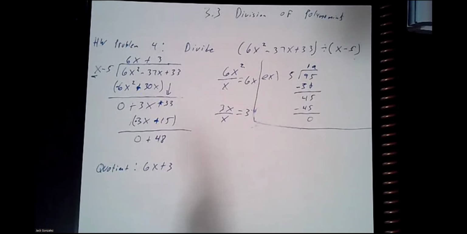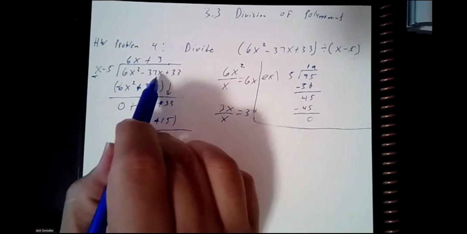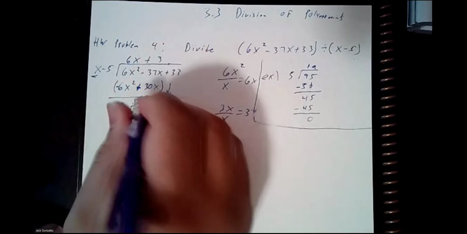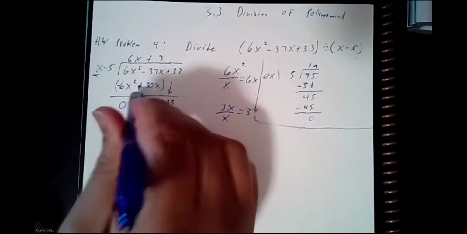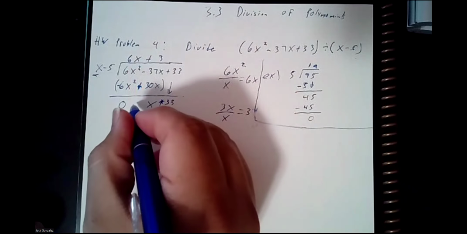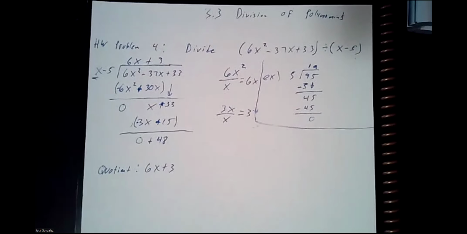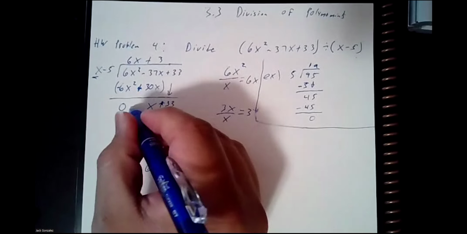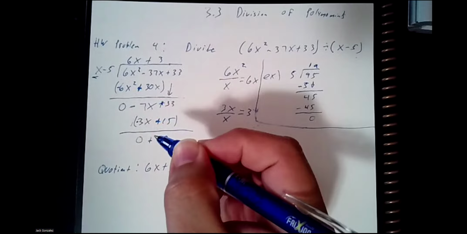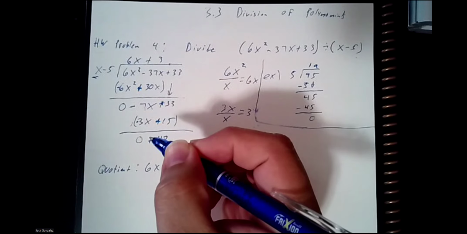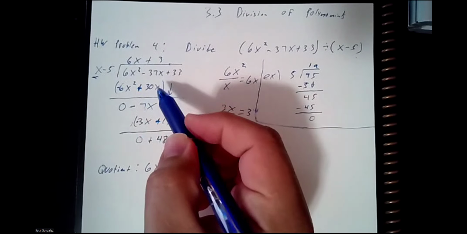Here's my mistake. Negative 30 plus negative 37 plus 30 is negative 7. So that's my mistake right there. So you didn't make a sign error on these guys. Alrighty. So negative 37, be that.